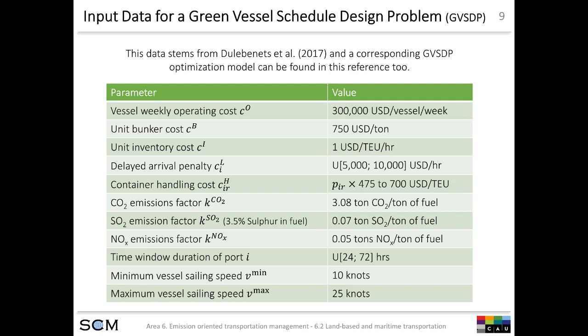We have time windows given for the ports, and we have a minimum and a maximum speed for the ships. Within this range, we can choose at which speed the ships should go.